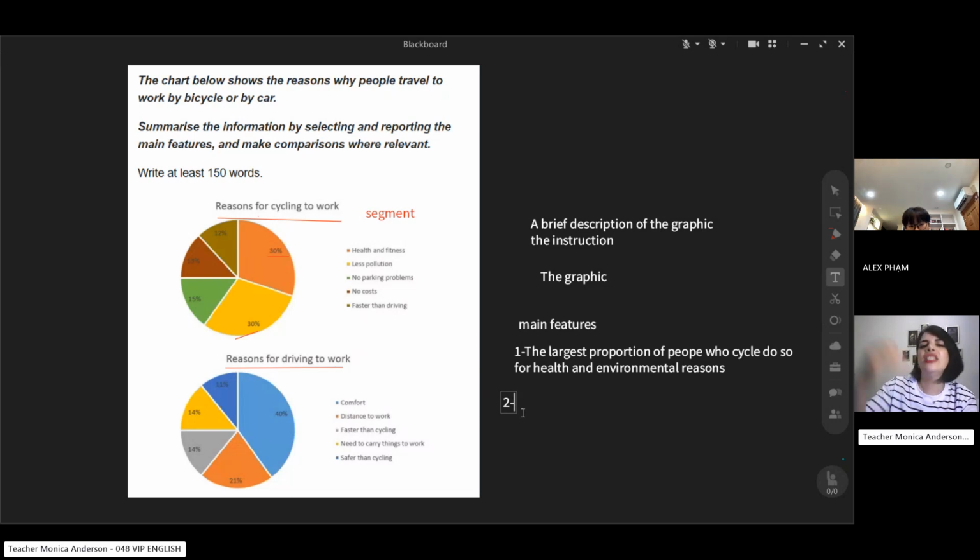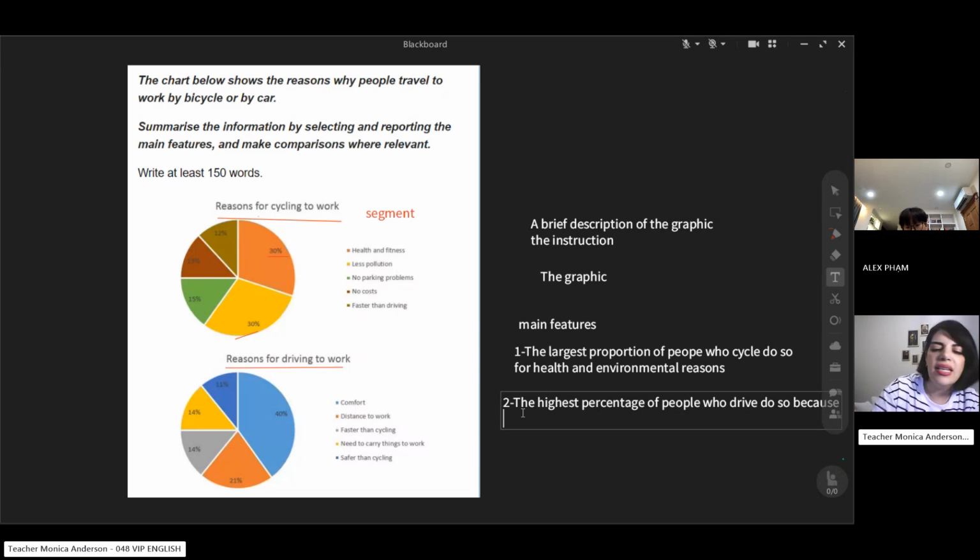Instead of saying the largest proportion, I say the highest percentage. They are the same. The highest percentage of people who drive to work, because it's, as you said, comfortable. Okay, so I could find my main features.